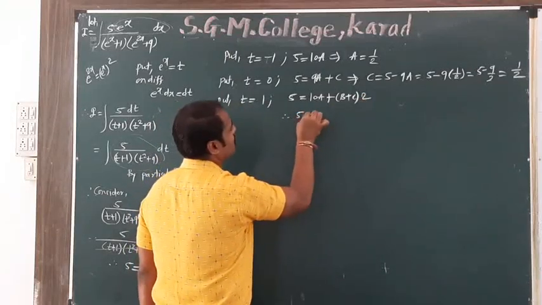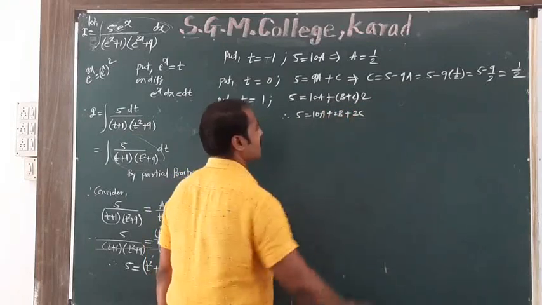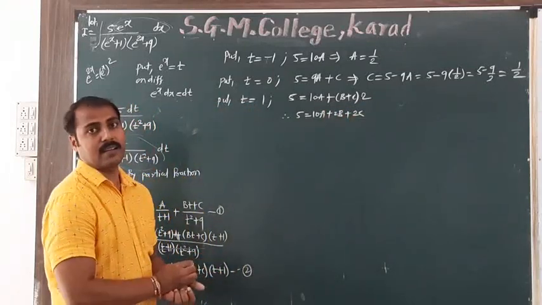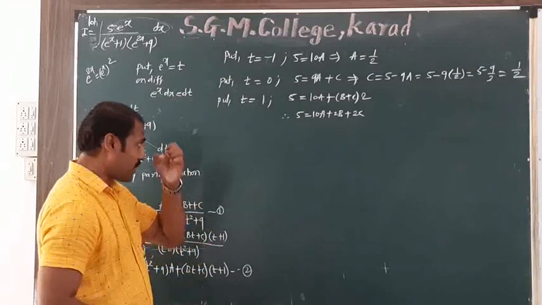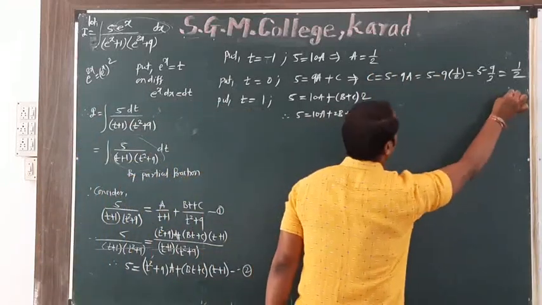Therefore, 5 is equal to 10a plus 2b plus 2c. Here we get an equation in terms of a, b and c, in which the value of a is known and the value of c is known.